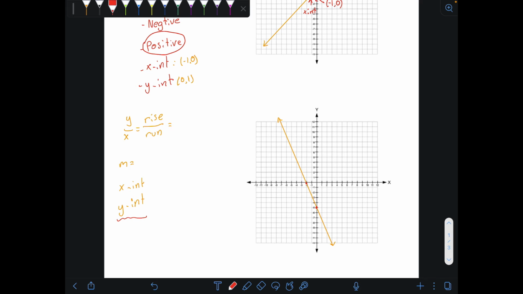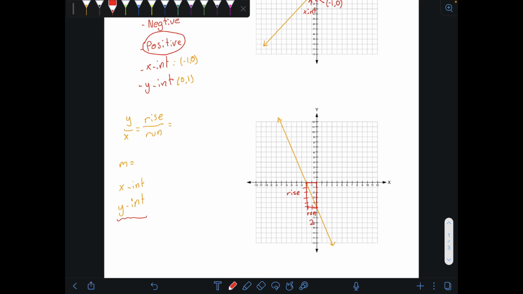So where's our rise here? So we can go down here, across this way, or up here, and across this way. In each way, we'll get 1 and 2 for the run right here, because it is across. And then 1, 2, 3, 4, 5 for our rise.